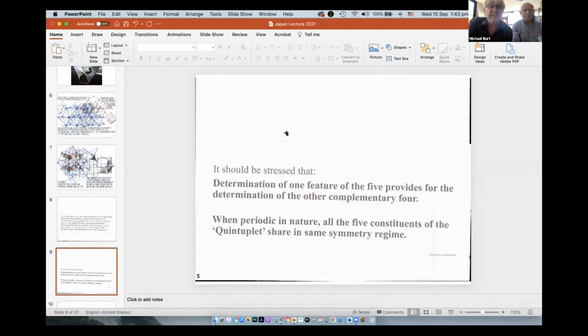It should be stressed that determination of one feature of the 5 provides for the determination of the other complementary 4. And when periodic in nature, all the 5 constituents of the quintuplet share the same symmetry regime. Next.